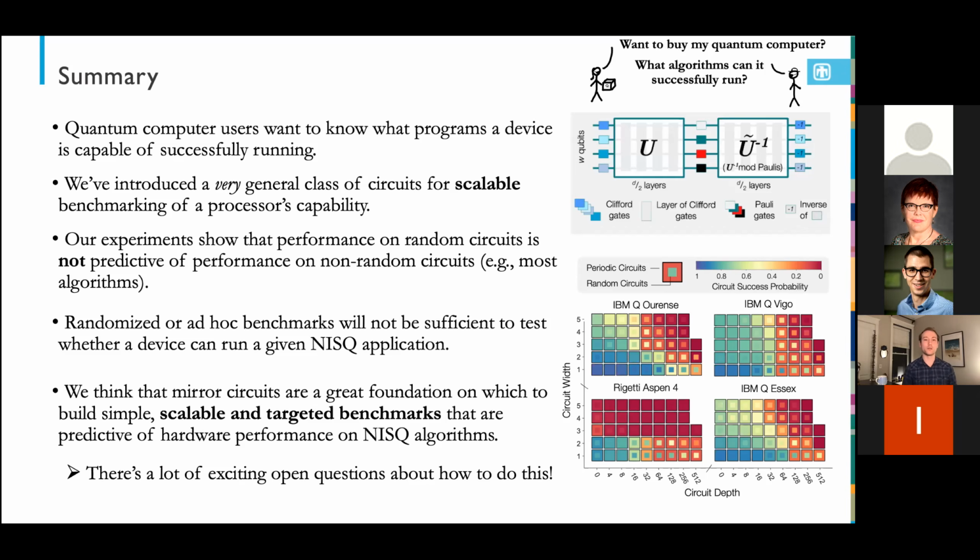There's really a lot of open questions about how to do this. We've not gone through all the details of actually building an application-specific benchmark. We haven't actually run any experiments that use these non-Clifford circuits in the benchmarks. There's a lot of extra work to do in terms of how we can learn everything possible from the data analysis and so on. So I think there's a lot of exciting open questions here.